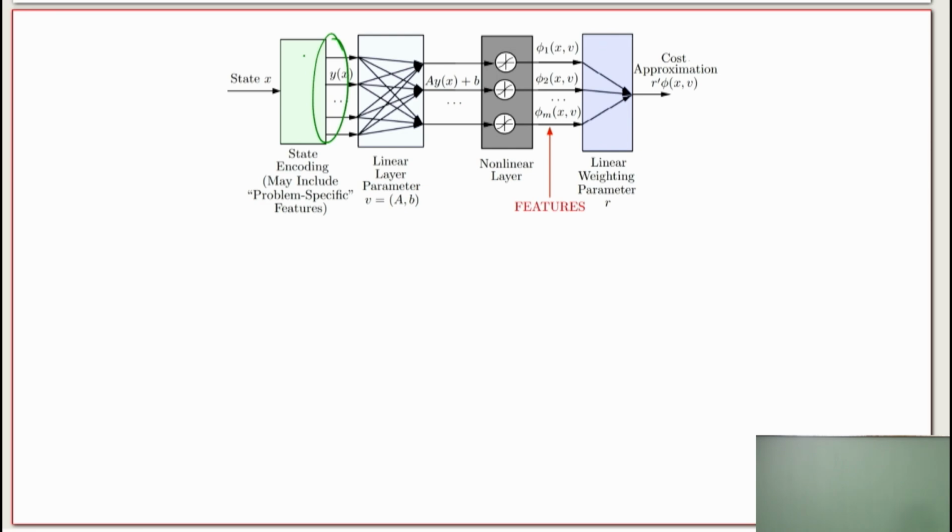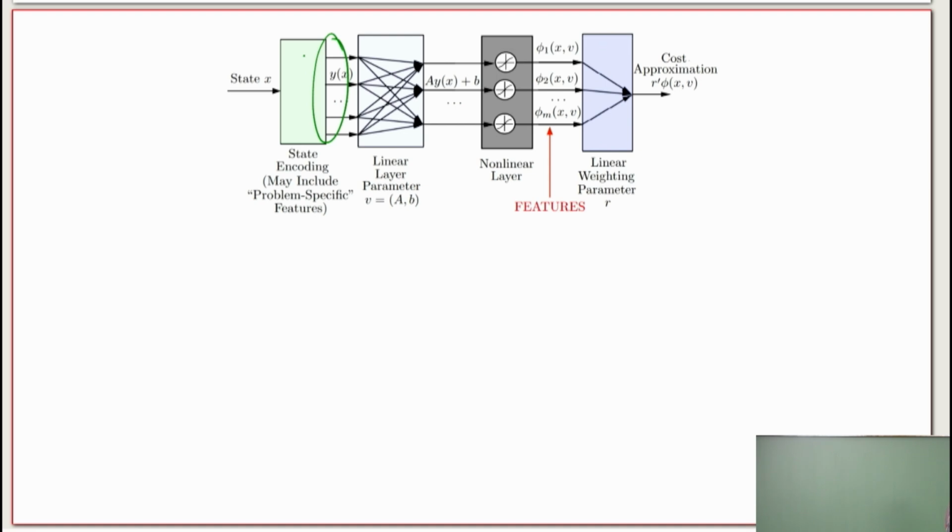You may take all the R and the V as the whole set of parameters, and pass the gradients throughout, and update the weights of the neural network as well. So in the typical machine learning framework, it is okay to treat this as one big parametric network, rather than saying the first half is feature extraction with parameter V, and the second half is the cost approximation parameter R. It is okay to train this fully end to end.